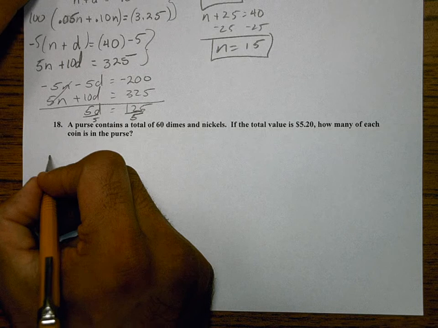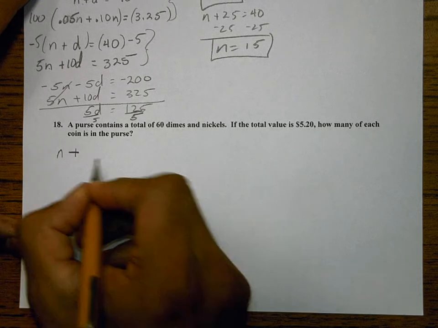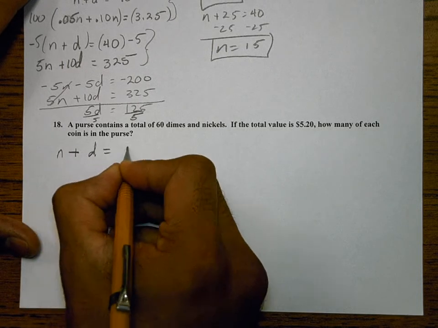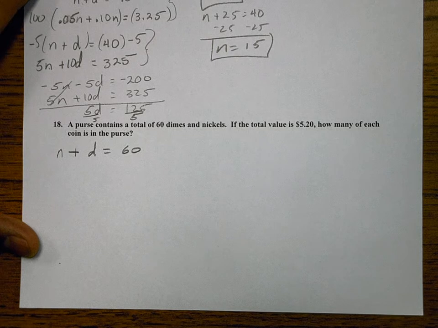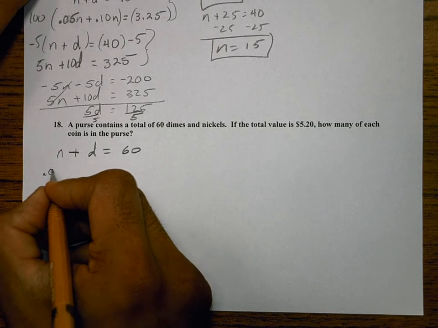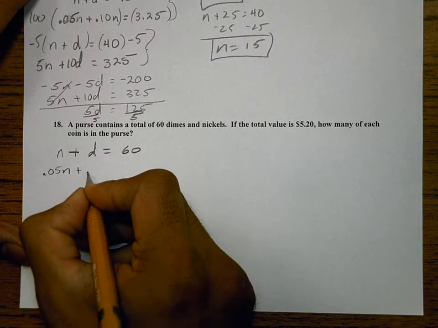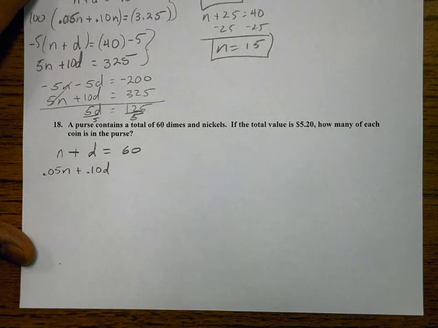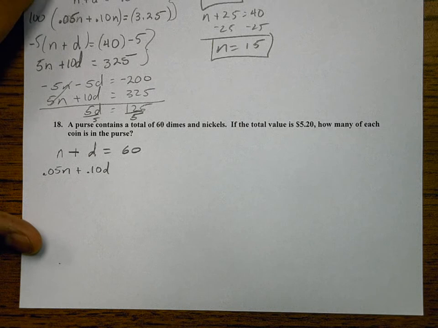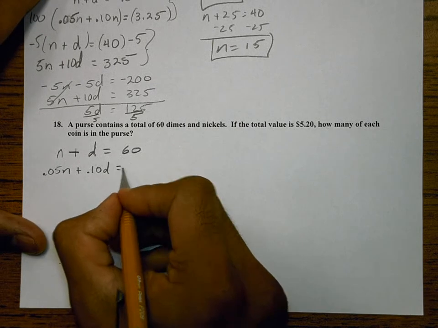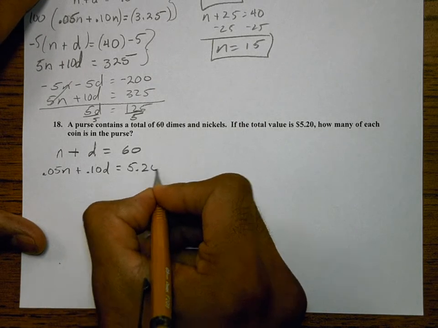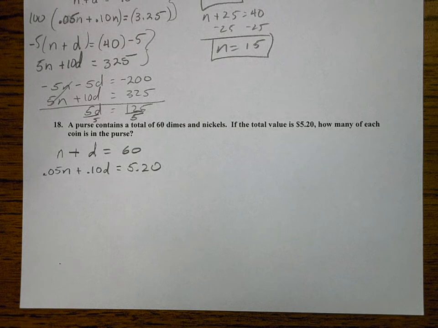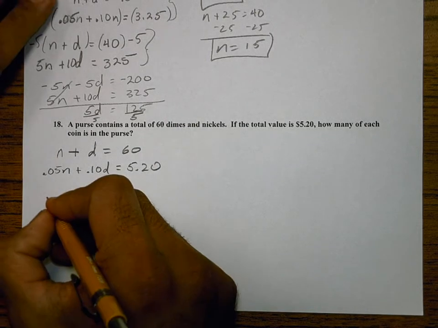We're going to say n plus d equals 60. 0.05 n plus 0.10 d equals 5.20.